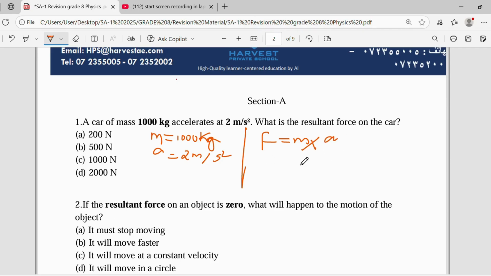Right, so the mass is given as 1000 kilograms times the acceleration, which is 2. So 1000 times 2 is equal to 2000 Newtons. So the resultant force is 2000 Newtons. So option D is correct.